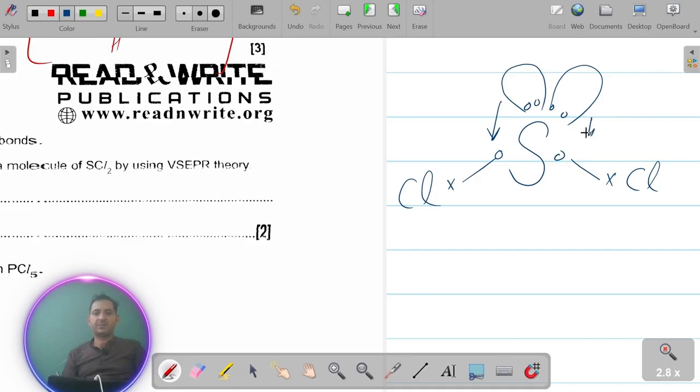So the shape is bent or V shape, just like this.